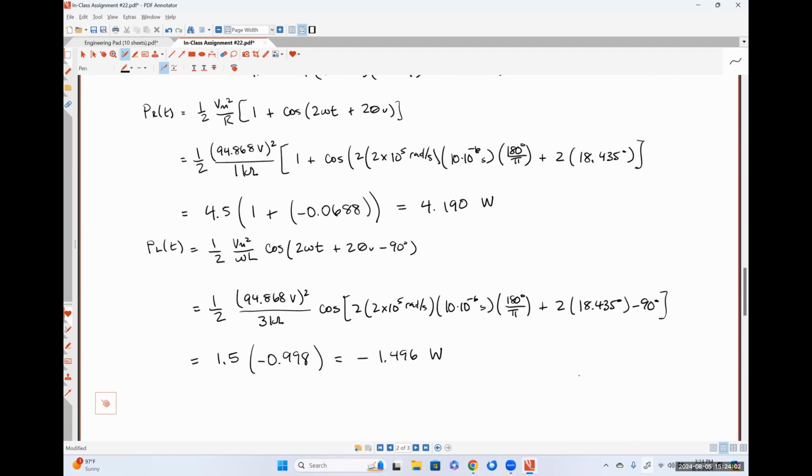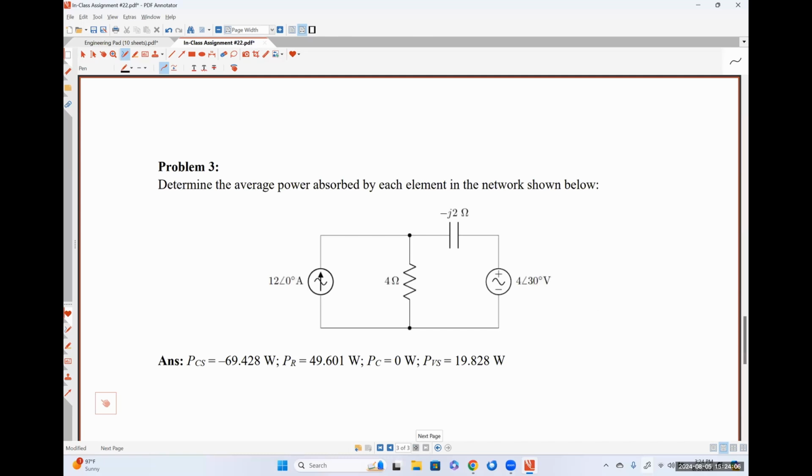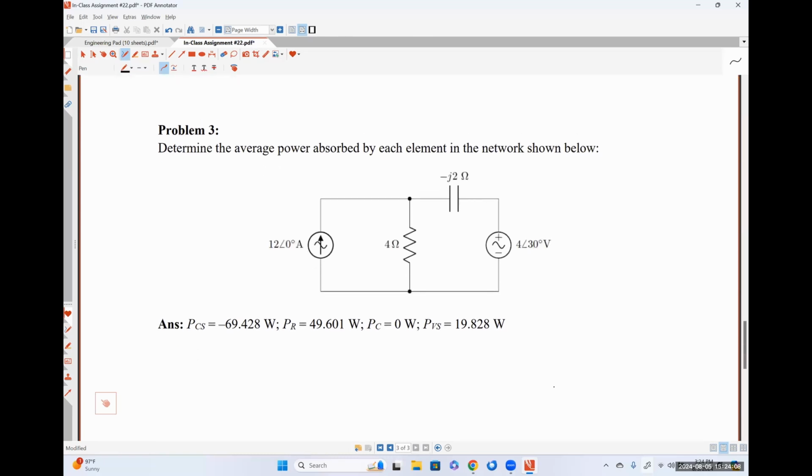All right. So lastly, we have a problem here where we're just asked to determine the average power absorbed by each element in our network. Okay.